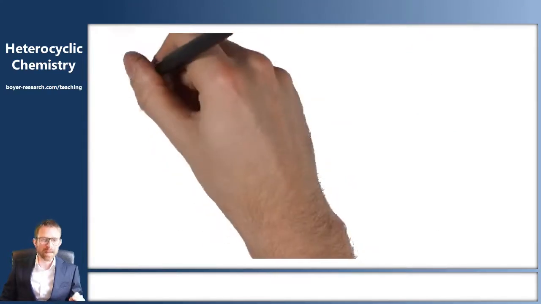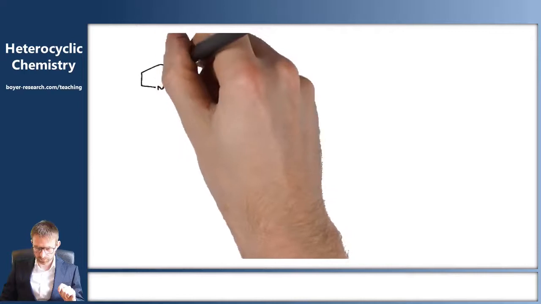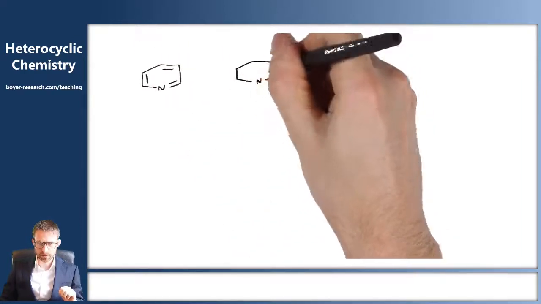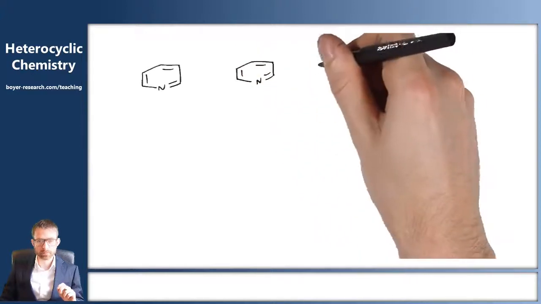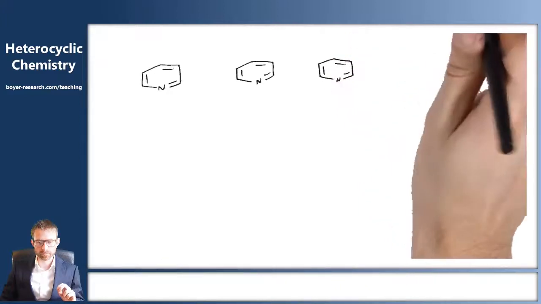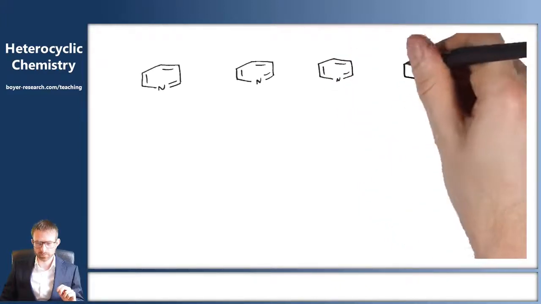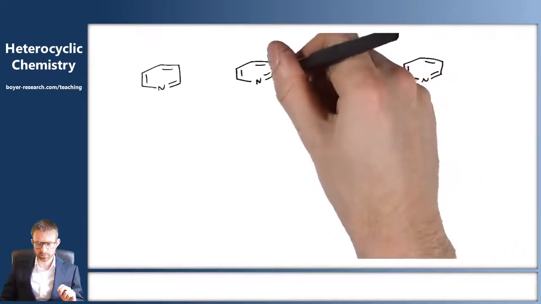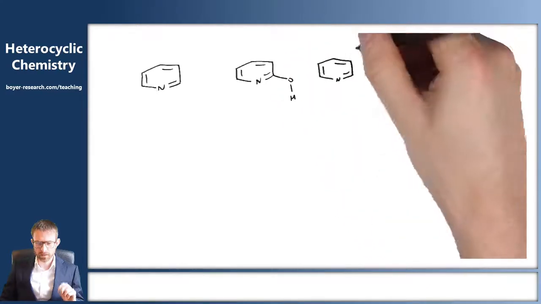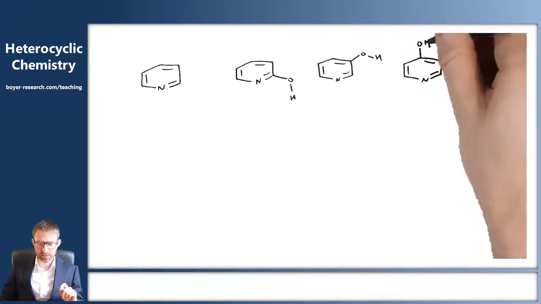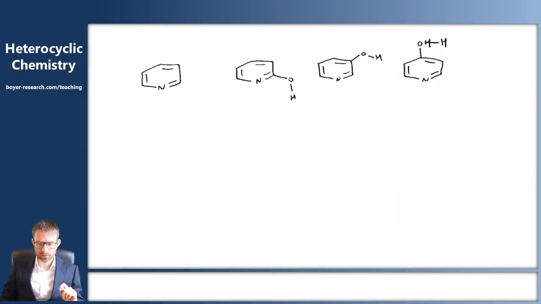If we want to look at the mechanism in detail, there are 3 different ways in which we can add our OH to our pyridine ring: 2, 3 and 4 position.